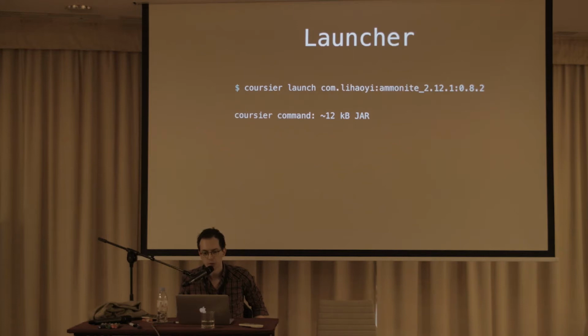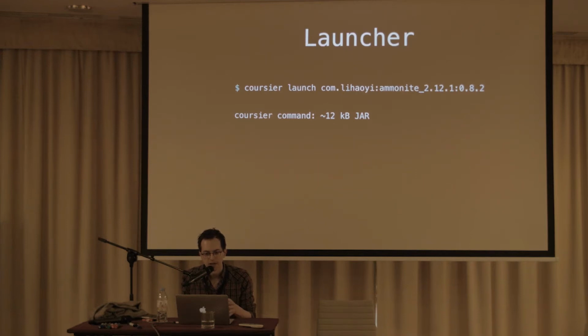One important component of it is its launcher. Coursier ships with a small 12 kilobyte jar. That's the Coursier command we see here, and it's only 12 kilobytes because it then downloads itself, the full class path of Coursier, which is proguarded, so it's something like 1 or 2 megabytes.